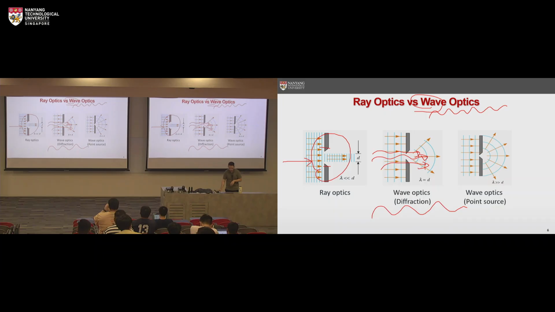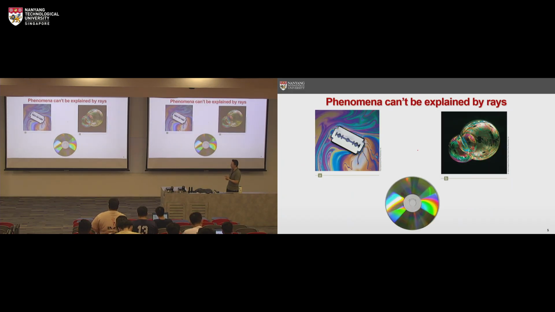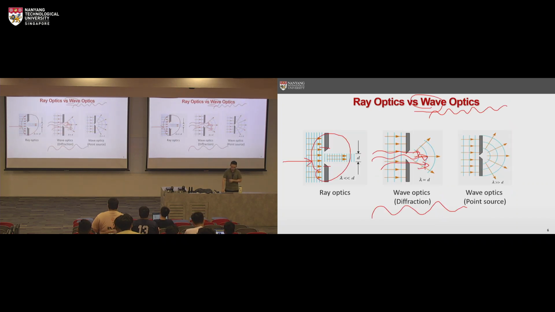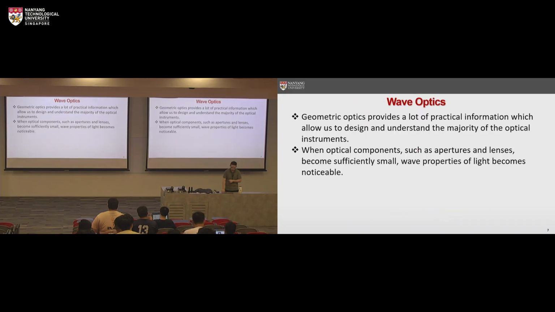When you accumulate all these properties together, light can interact with each other. That is why a lot of phenomena that you see in daily life are generated, which actually cannot be explained by rays, because in rays, light doesn't really interact with each other. More or less, they can form an image. But when light is a wave, you get a lot of new properties.